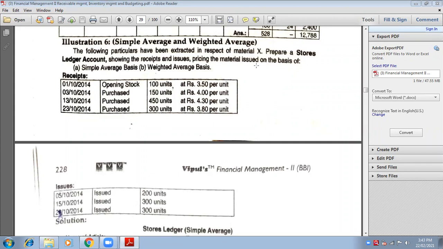First would be quantity, second would be rate, and third would be amount. Each column has to be divided into 3 sub columns. First would be quantity, then rate, and then amount.